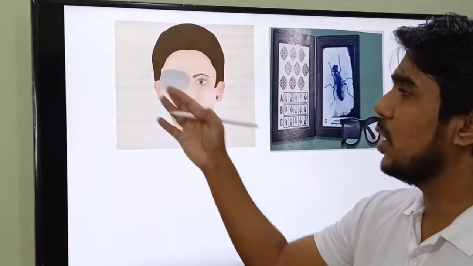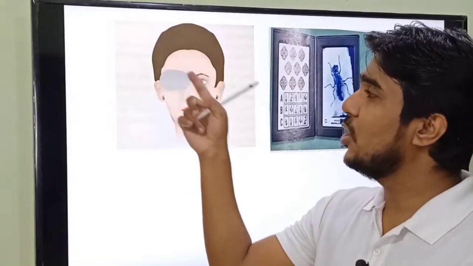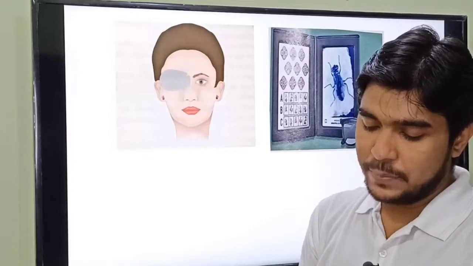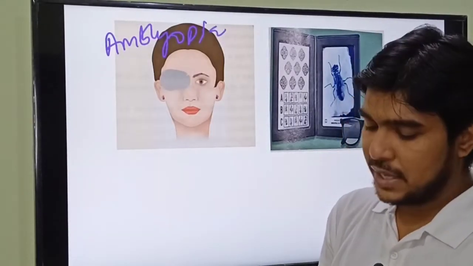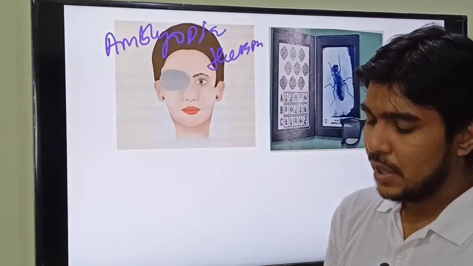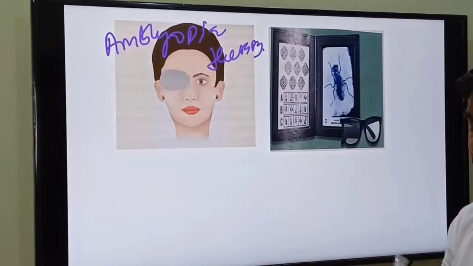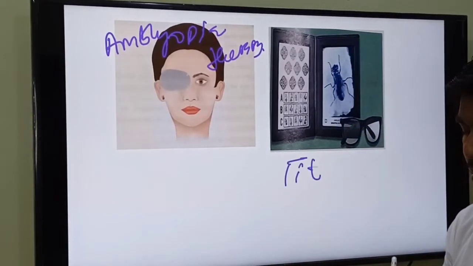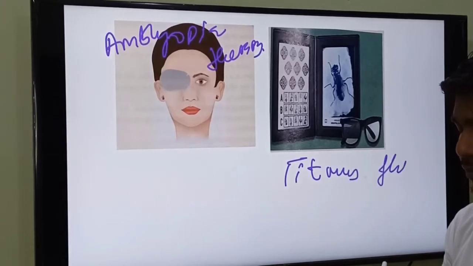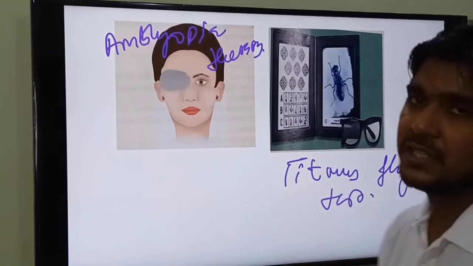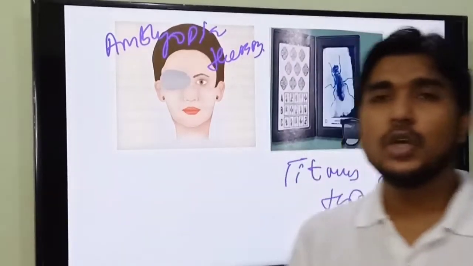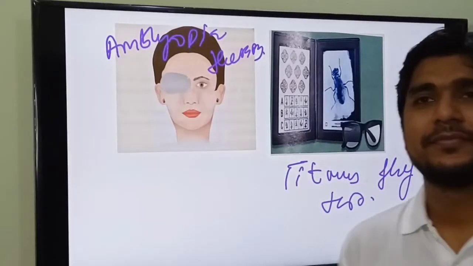So what we are doing is patching the normal eye, and this therapy is called amblyopia therapy. And what is this test? This is called the Titmus fly test. Red green glass is being used and Titmus fly test is there. So this is about this condition.